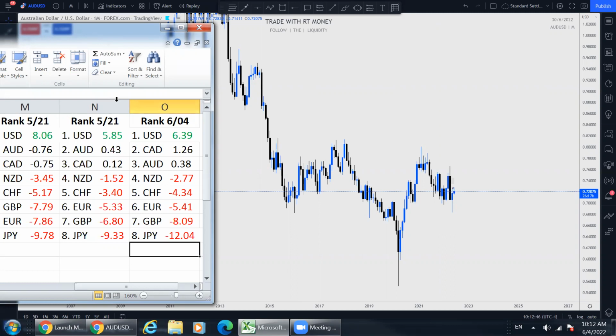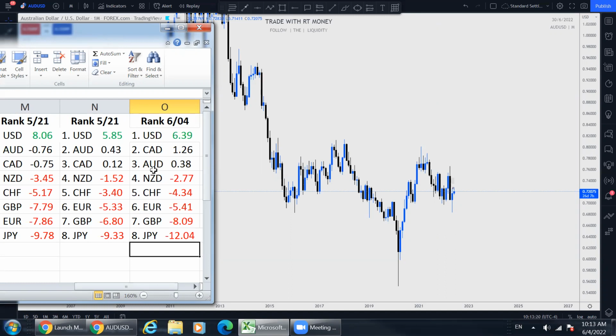So 2 weeks ago, the US dollar was at 5.85, ranked number one. It's still ranked number one, but now it's at 6.39 2 weeks later. That shows an upward swing in momentum. If we go to the Aussie dollar, it was ranked number two 2 weeks ago at 0.43, kind of neutral.